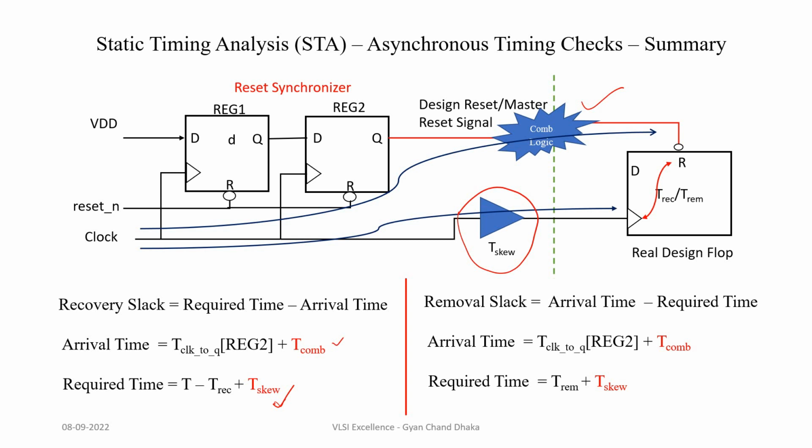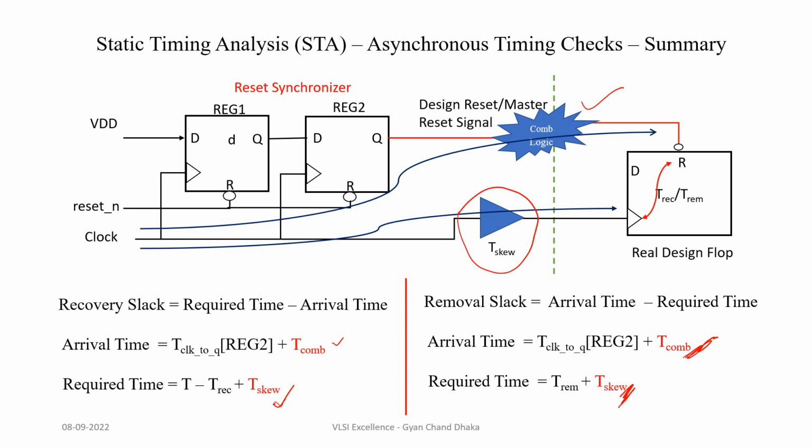So there is one extra margin of T skew in the required time. Because of the combinational delay, our arrival time is also going to increase. For the removal slack as well, our arrival time will increase by T combinational delay, and the required time will also increase by T skew.